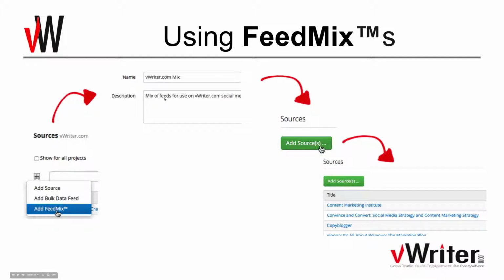So enter in whatever you want to help identify it for you. Once you've done that, you will then be able to add sources to your feed mix. You'll be able to add other feeds that you've already added to your account, or you can add other feeds there and then from other websites as you want to, and you can add as many such feeds to a feed mix as you want to.